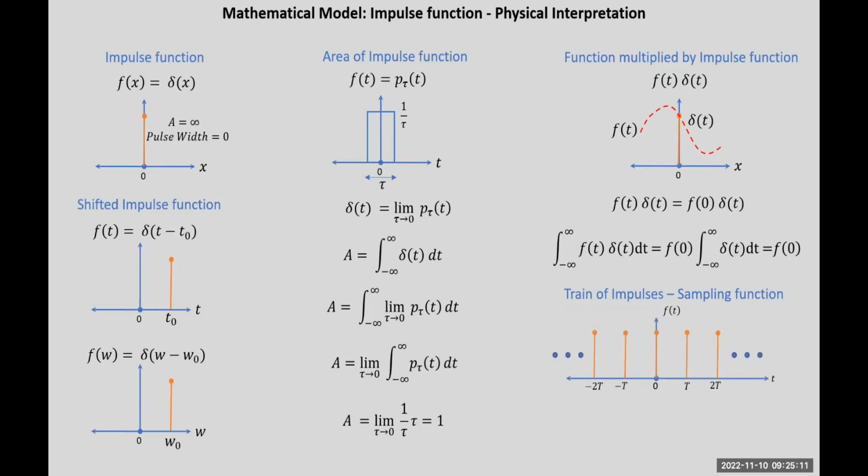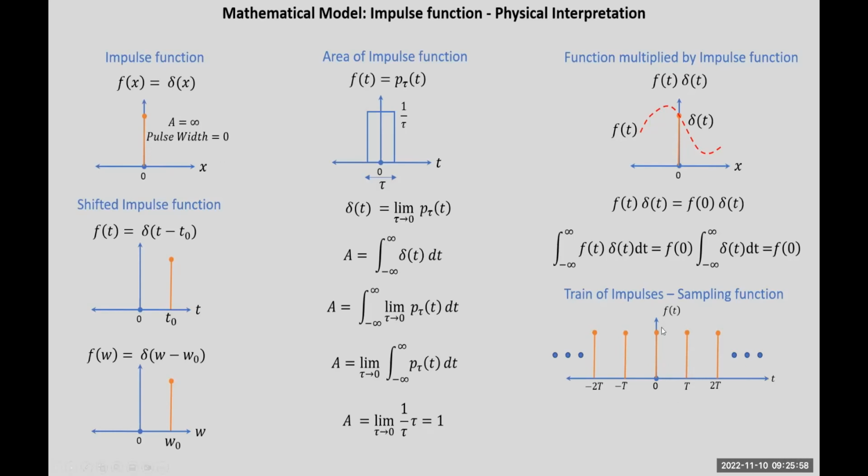One can see here the train of impulses at uniform interval capital T. This sampling function simulates the behavior of sampling of an analog signal, which is used in the process of analog to digital conversion. We'll see that analog to digital conversion in our upcoming lecture series. At this point, try to understand what a sampling function is. A sampling function is nothing but a periodic version of the impulse function.